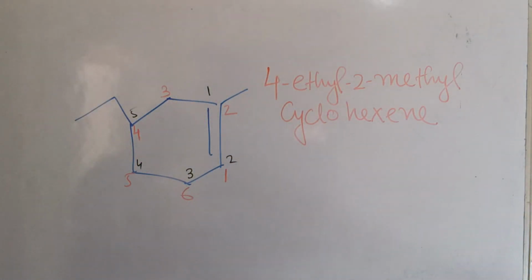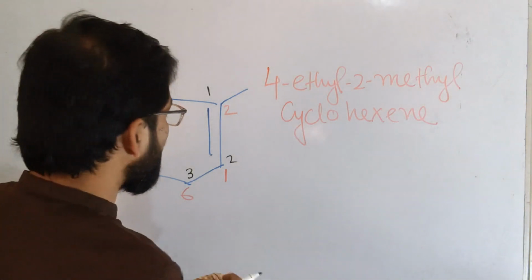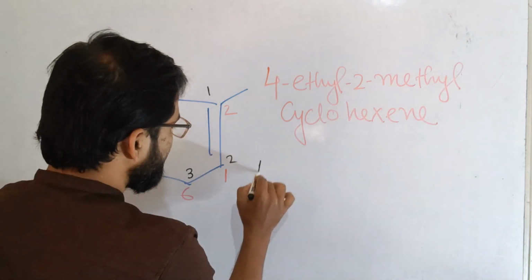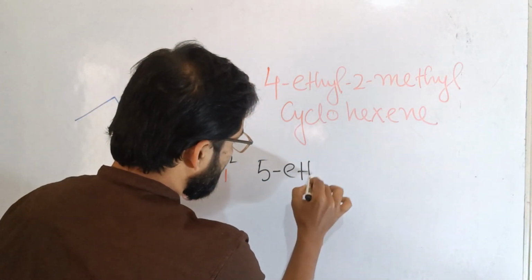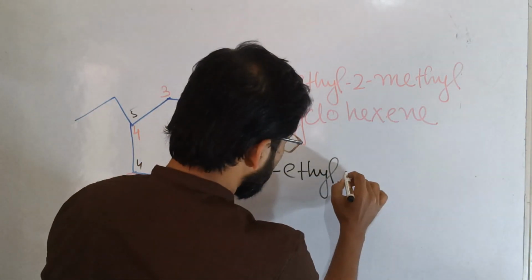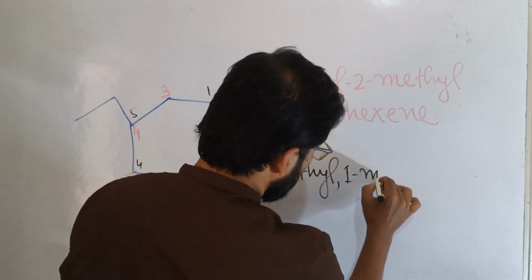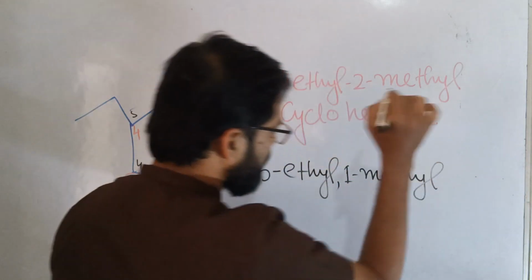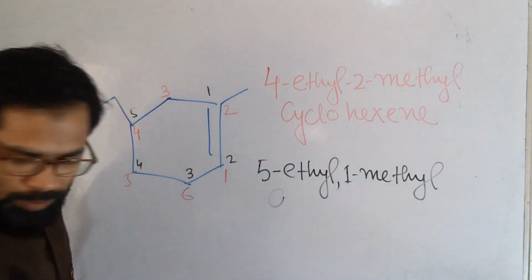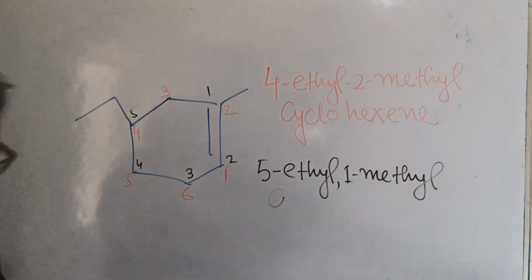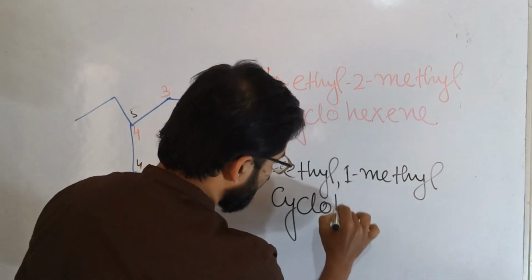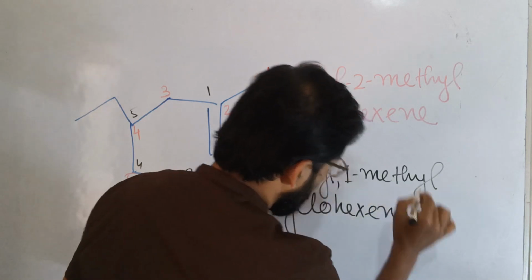If we consider the black one, what will be the name? 5-ethyl-1-methylcyclohexene.